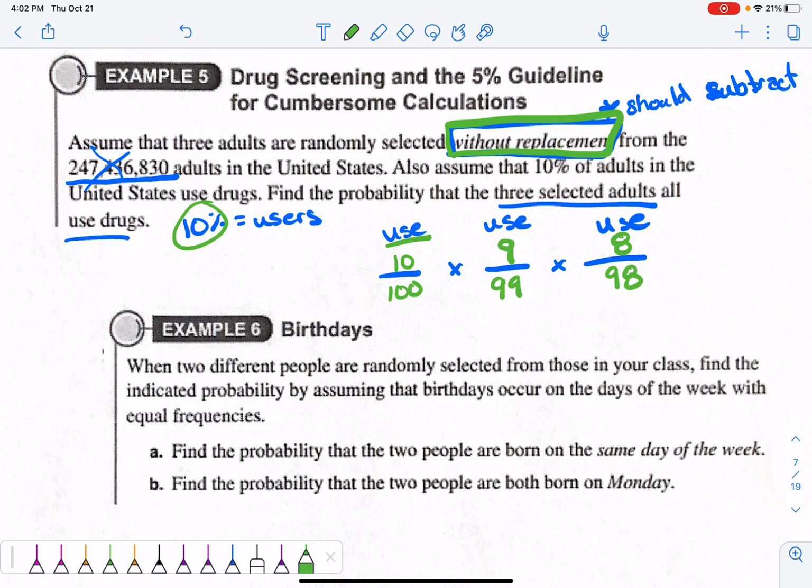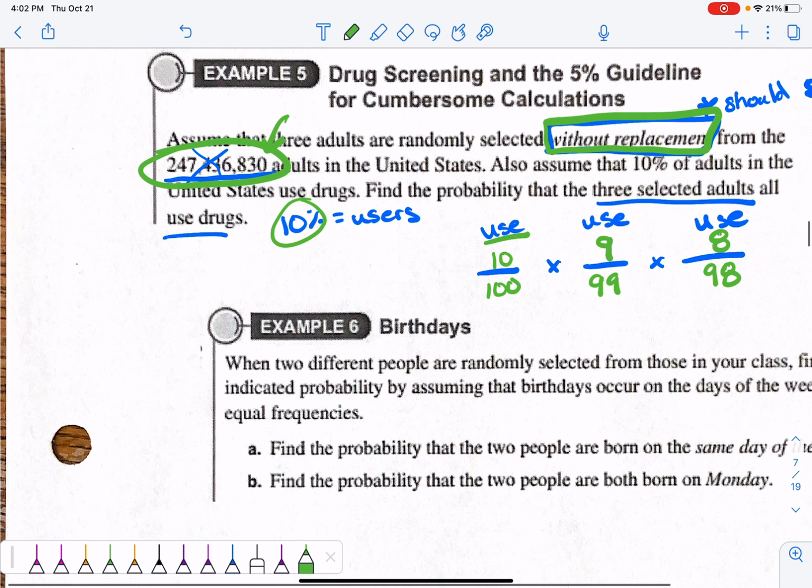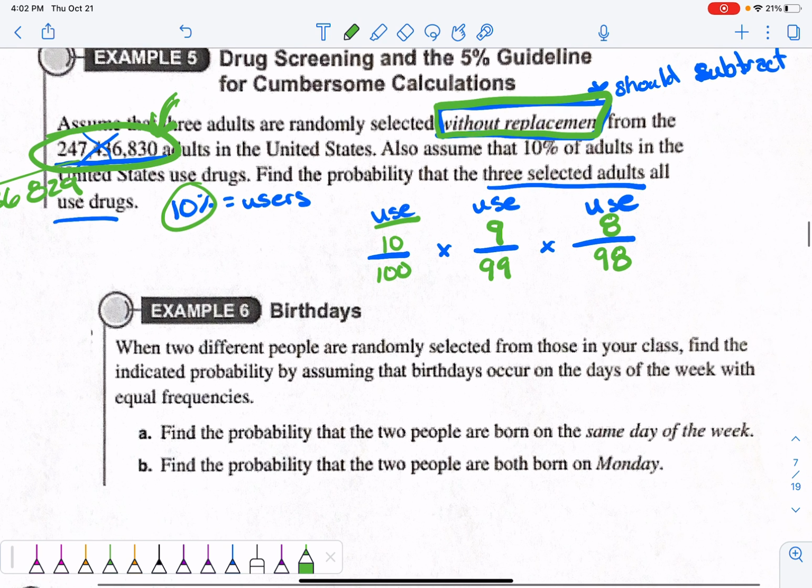Okay, but we are doing 247 million people. So what I'm doing is subtracting 1 from this number. If I'm subtracting 1 from that number, 247,436,829 is now my new bottom number. And if I subtract 1 from this bottom number, I'm still going to have really, really close to 10% users.